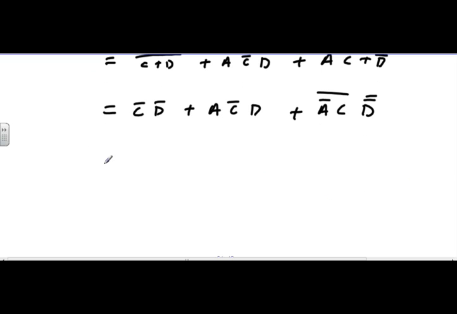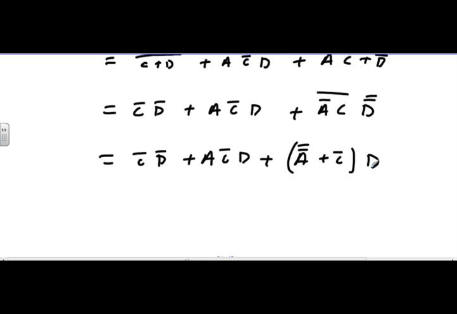And I've got C naught D naught, or a C naught D, or a double naught, or C naught D. Okay, so I got AD, or a C naught D, or C naught D, or C naught D naught.